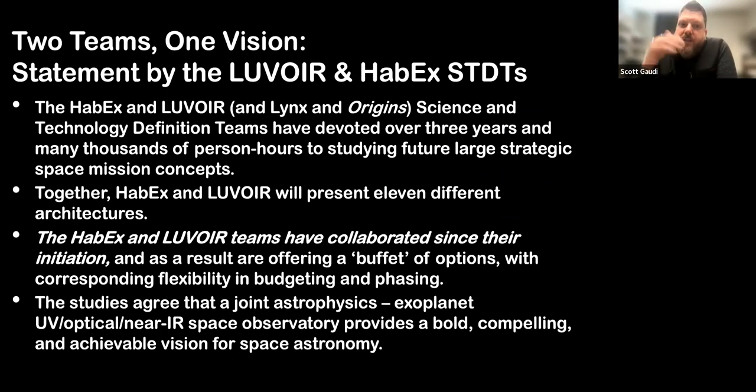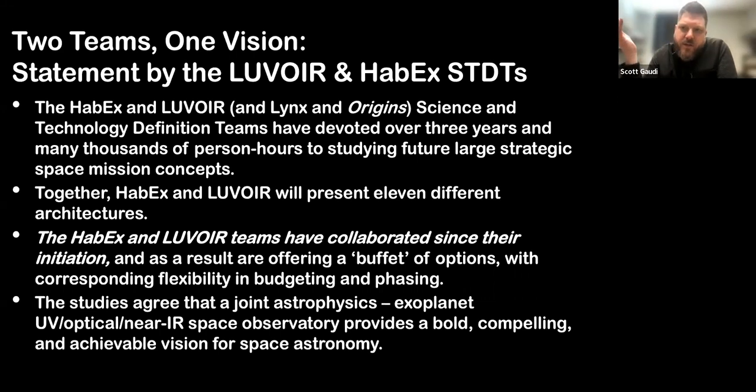And so the teams worked together and came up with this slide to present to the public. The science that was targeted by these 2 mission concepts was broadly very similar. There was general astrophysics science in the sense of the next generation Hubble, but then there's also the direct imaging of exoplanets.